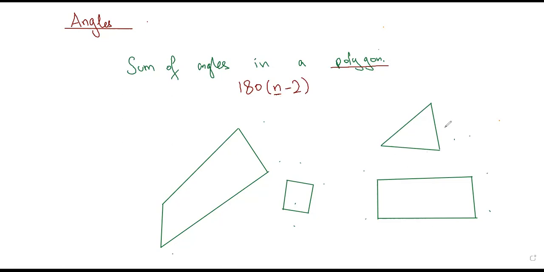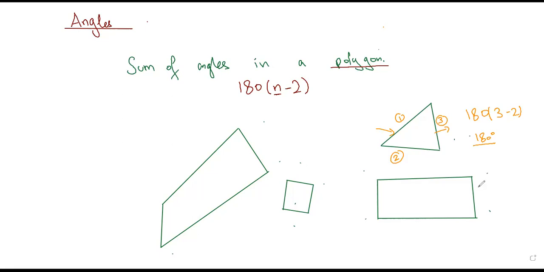For example, a triangle has 1, 2, and 3 sides. So sum of angles in a triangle would be 180 into n minus 2, that is 3 minus 2, and the answer is 180 degrees. That is why the sum of angles in a triangle is 180 degrees.